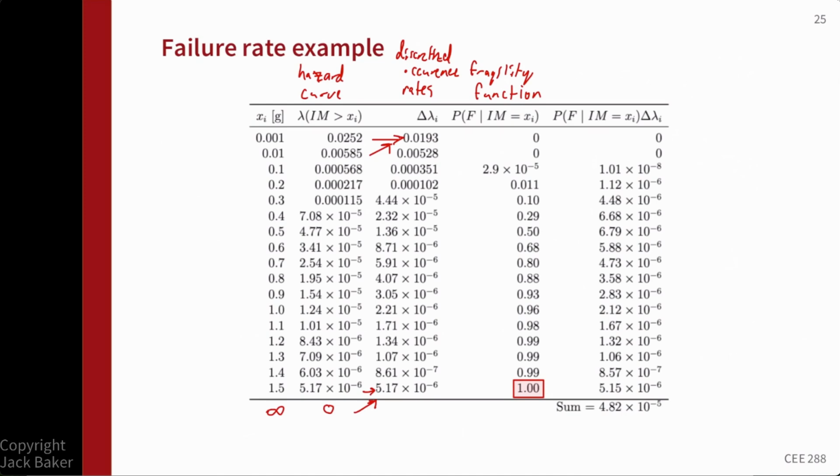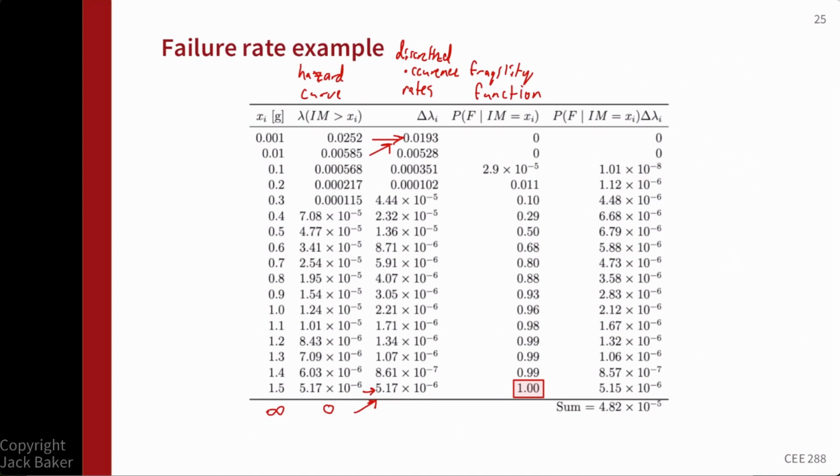And then what we need is that discretized hazard curve derivative, this delta lambda I. And we'll take the differences between the exceedance rates at adjacent xi levels. So we'll take those in the top row, we'll take 0.0252 minus 0.00585. And then we'll step through these moving down.